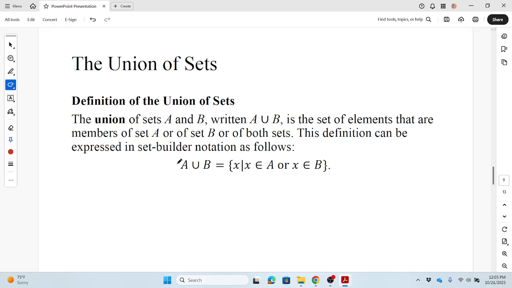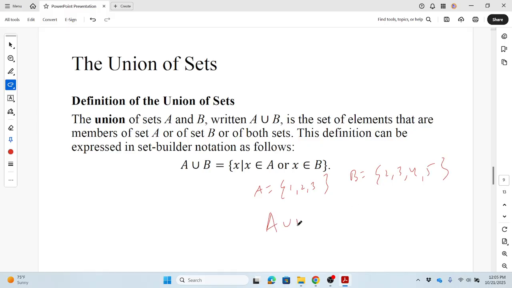Union means everything from A, everything from B, without repeating anything. So A union B is the set of all x such that x is in A or x is in B. Example, the same example, A is 1, 2, 3 and B is 2, 3, 4, 5.